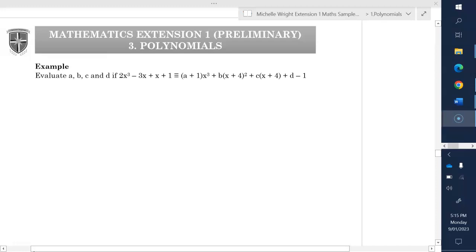So what you'll note here is this b out the front is acting differently to the a here. The a is a constant we add 1 to, and it is attached as the coefficient of the x cubed. But our b is out the front, and it's acting as the coefficient of the whole of x plus 4, and that's all squared. So I need to do a little bit of manipulation.